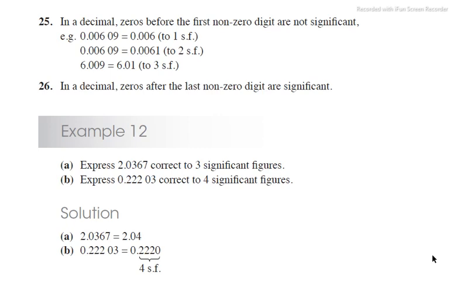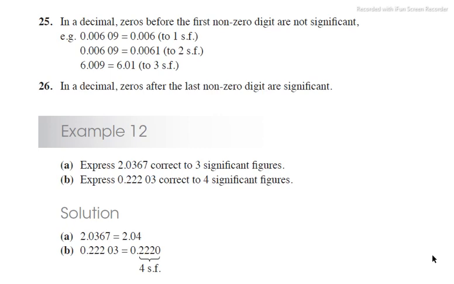Then another category, we are told that in a decimal, the zeros after the last non-zero digit are significant. In a decimal, the other one was in a whole number, but this time in a decimal.